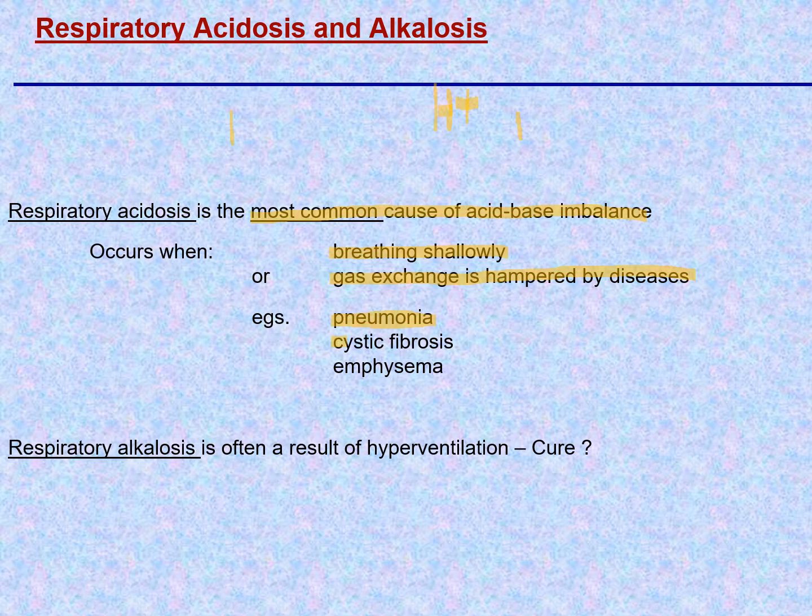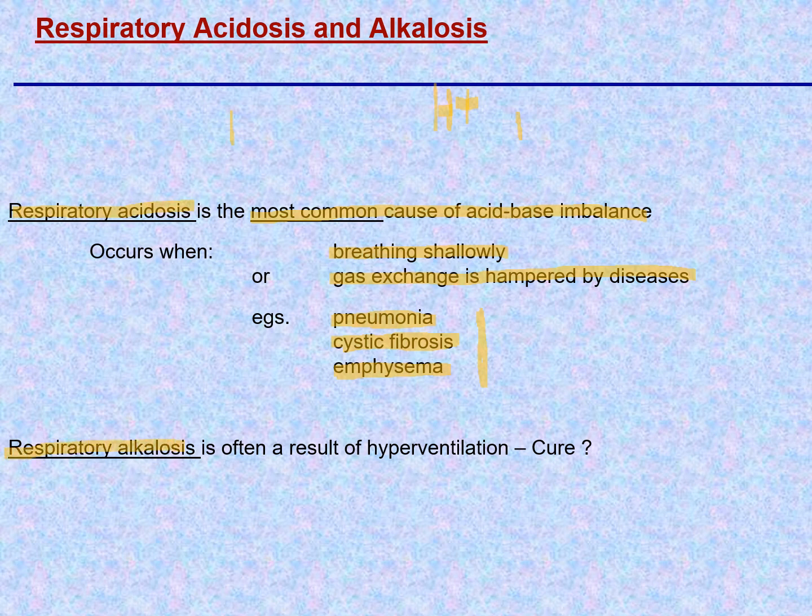It can also occur with cystic fibrosis, which is often associated with this kind of problem, and emphysema, where you have actually a pathological loss of lung tissue. So all of these can cause ventilation to be reduced, so gas exchange is hampered, and you end up with respiratory acidosis.